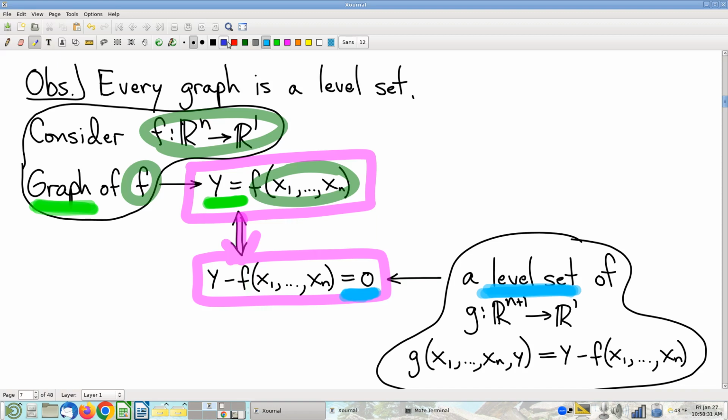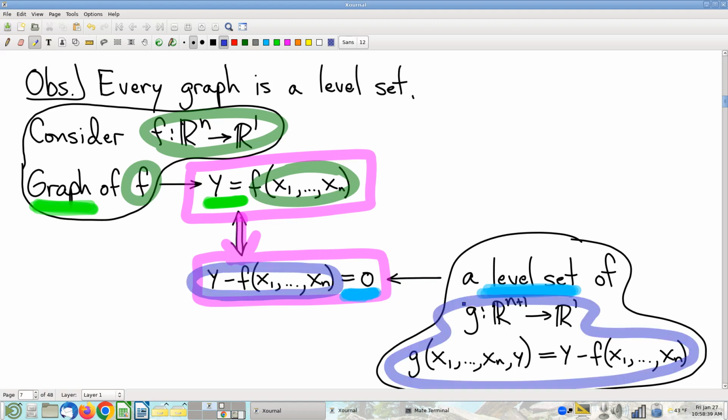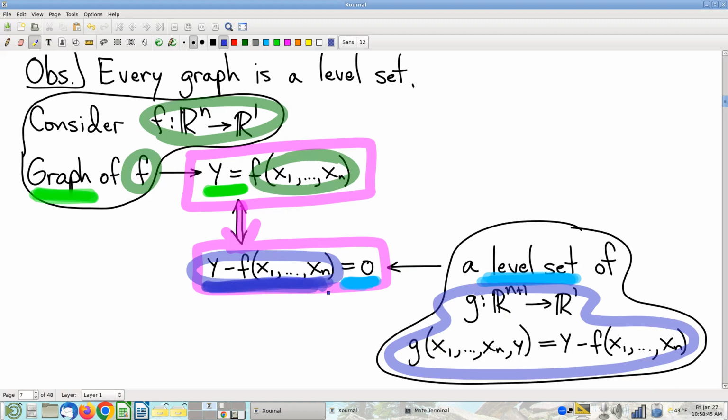Now, very importantly, it's not the same stuff. This thing whose level set I'm looking at, this is not f. Right? That's a new function. For one thing, it's got an extra variable in it.